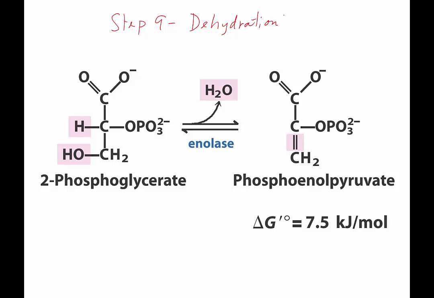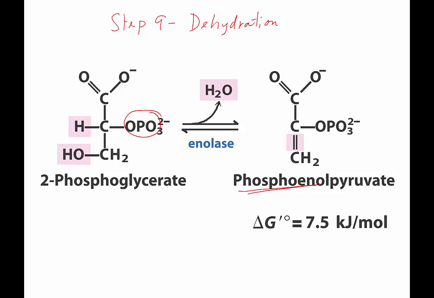And in this reaction, basically we have the loss of water and the formation of an enol. So this phosphoenol, basically the location of the phosphate here helps to stabilize the formation of this phosphoenol.